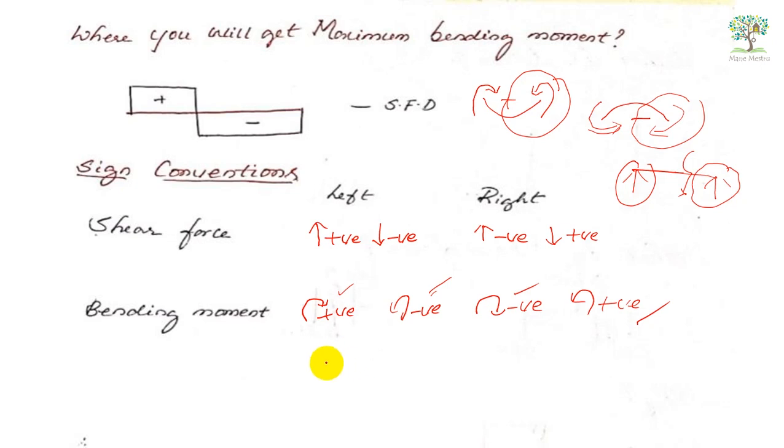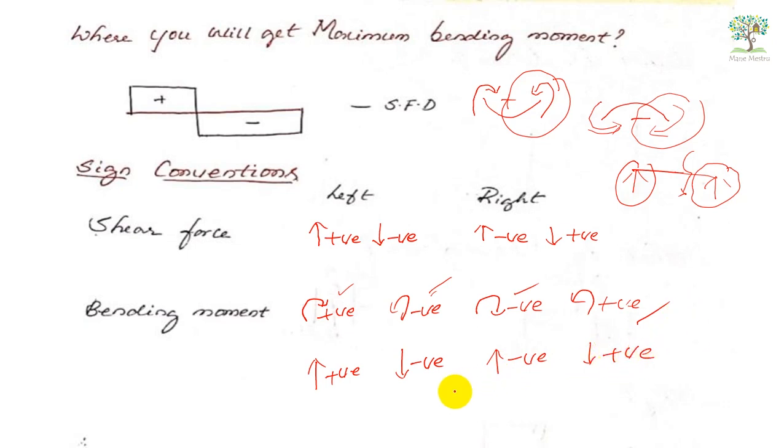You may get a doubt in finding the rotational effect and all. So do one thing, when you're calculating from left side, all the upward forces will cause a clockwise moment. Similarly, downward forces will cause anti-clockwise moment. Same thing here, when you're taking from right side, you take all the upward forces as negative, all the downward forces as positive.